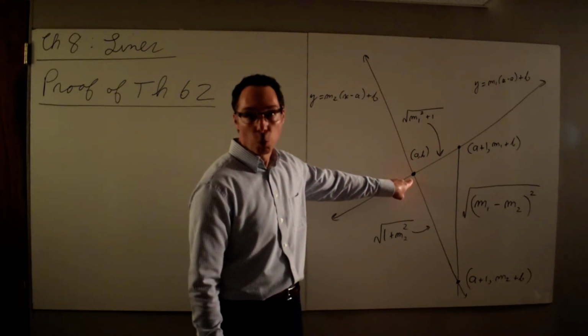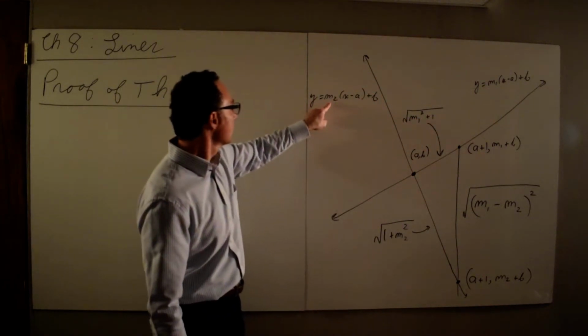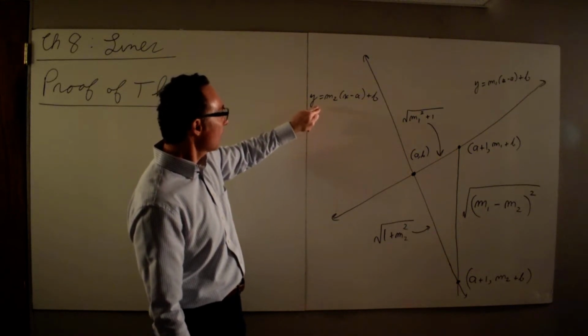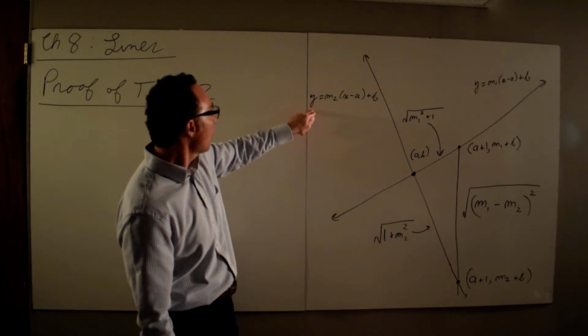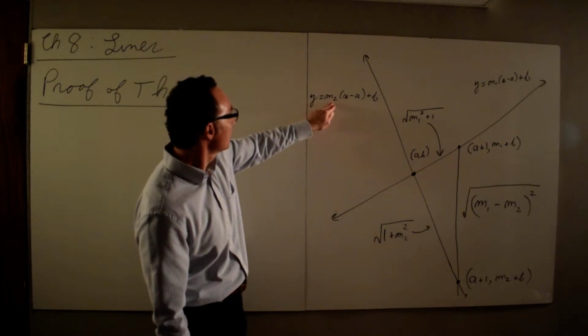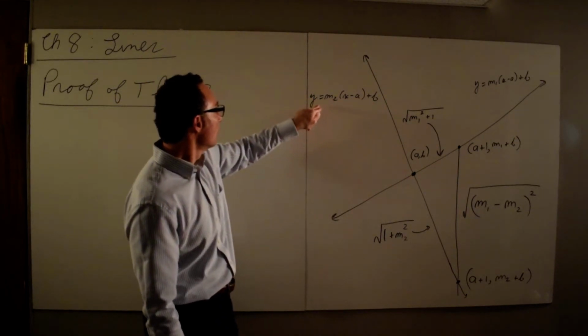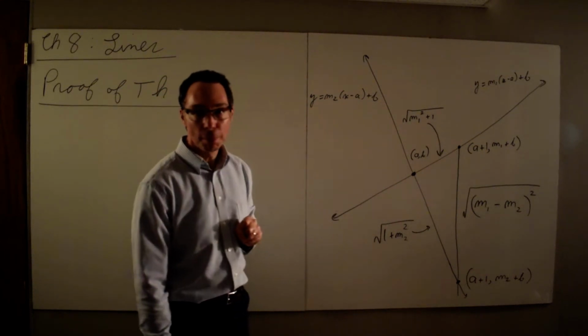One line has slope m1, and the other line has slope m2. And so if you look at the point-slope form of the line, we would have y minus b is equal to m2 times x minus a. So add b to both sides, and we can rewrite this line as y = m2 times (x minus a) plus b.